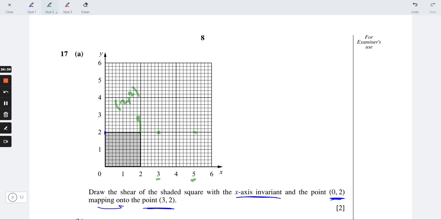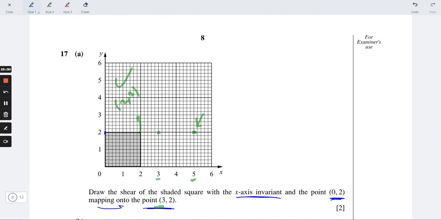Because of the mapping on the x-axis, the point 2, 2 here will map 3 steps to the right. So we'll get the point here, 5, 2.